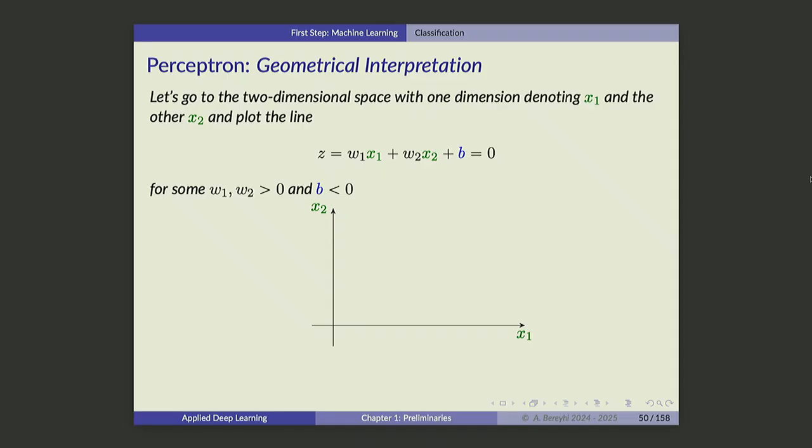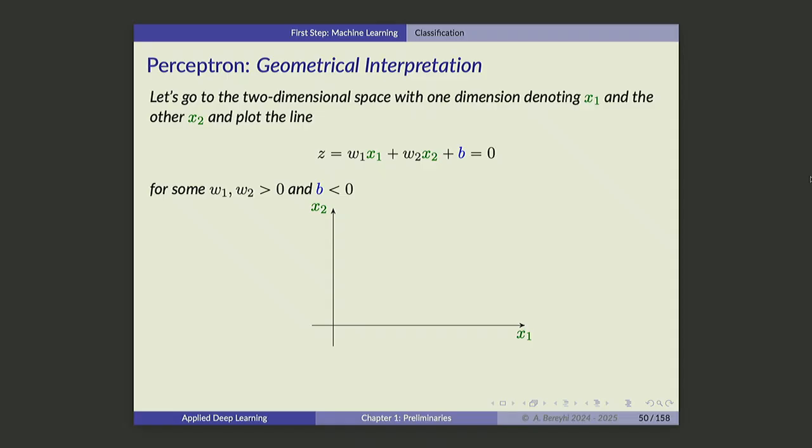And I want to draw this line, x1 plus x2 plus 1 equal to 0. So I'm going to say that I have this two-dimensional space. Here is x1. Here is x2. Okay? And now I want to find out the line.